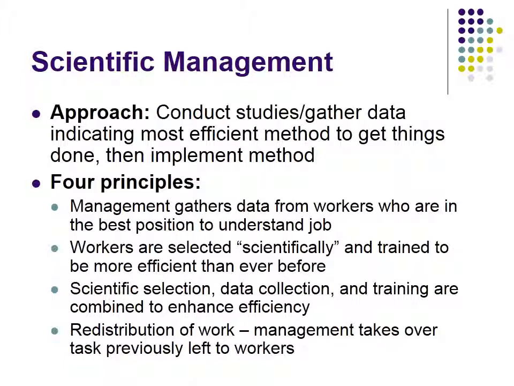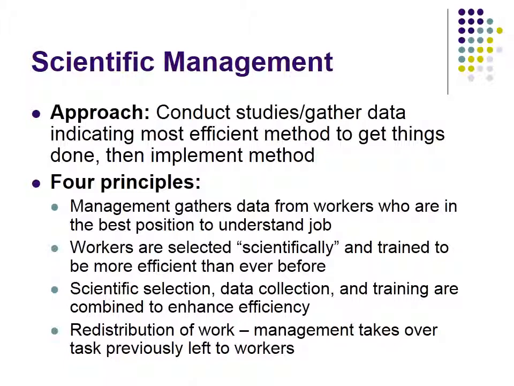It includes the principle that workers should be selected scientifically and trained to be more efficient than ever before. So again, selection is a major part of scientific management. There should be data-driven selection tools that have been found to be related significantly to performance that are used to determine who actually gets hired. And once they're hired, they should again be scientifically measured to check their performance, to allow training to be used, and again, that training should be scientifically backed to increase that performance if needed.